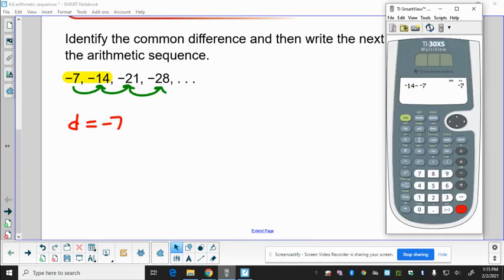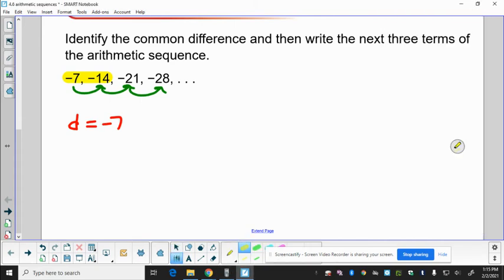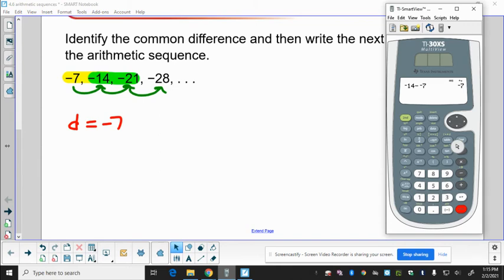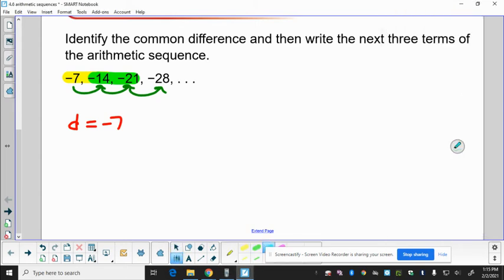I can even try that with another pair of numbers. What if I tried those two? I think it'll work. Second number minus first number. Look, it's the same thing. I could have even tried it with the third pair of numbers over there.